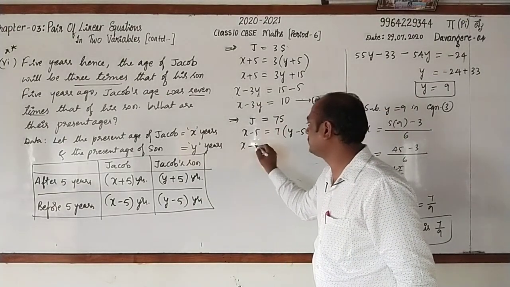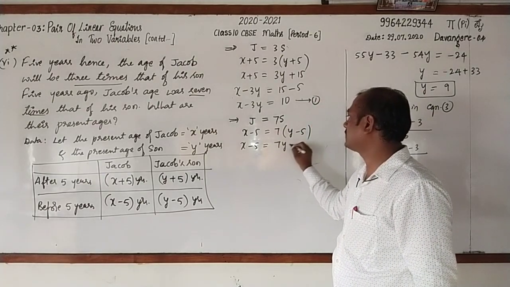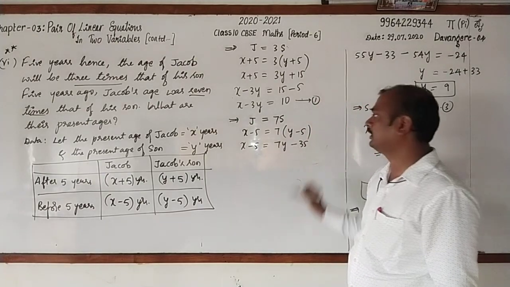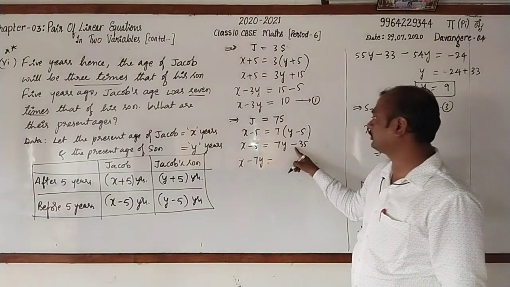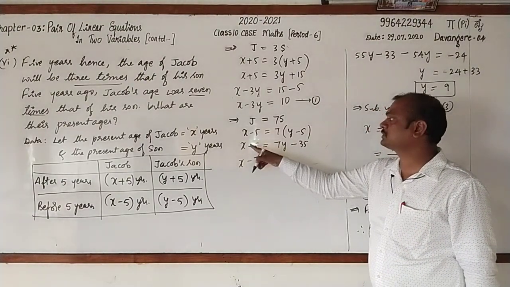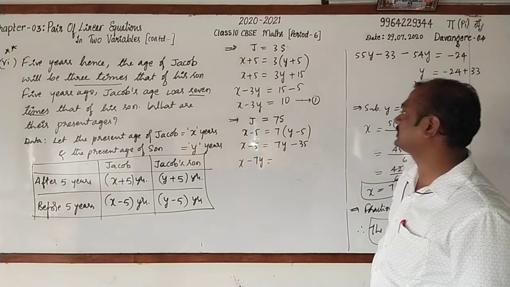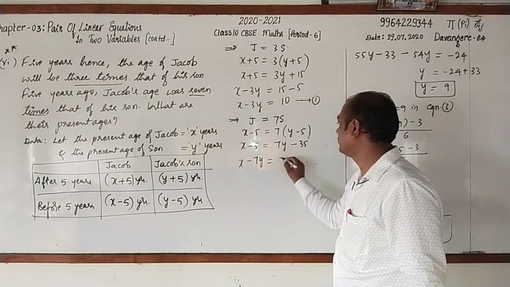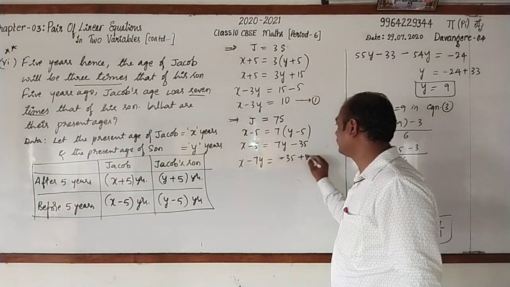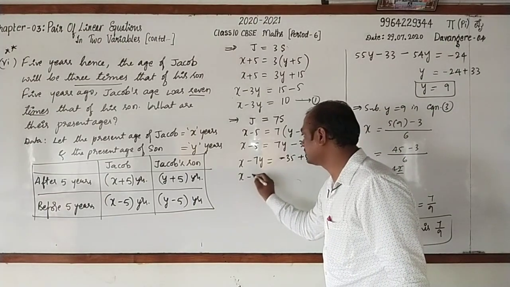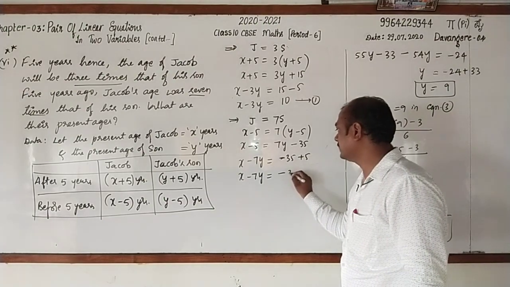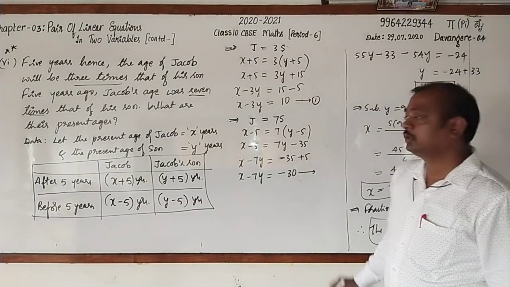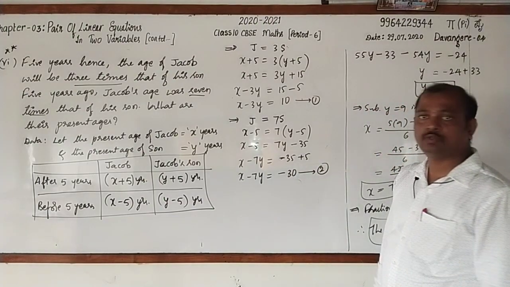Then it is x minus 5 is equal to 7y minus 7 5s are 35. Then x minus 7y is equal to minus 35. Transfer minus 5 to the right hand side. This becomes minus 35 plus 5. Then x minus 7y is equal to, what is minus 35 plus 5? Minus 30. You may call it equation 2.